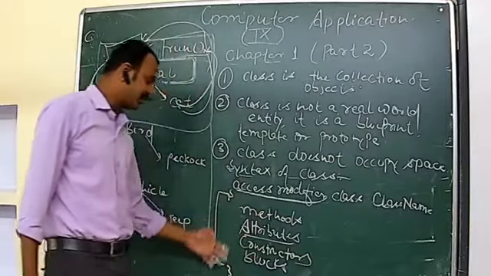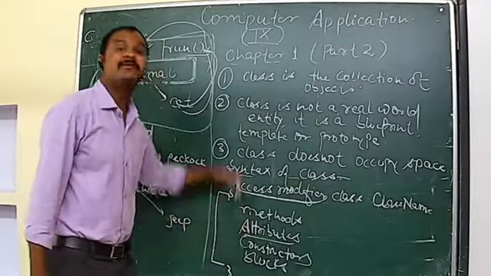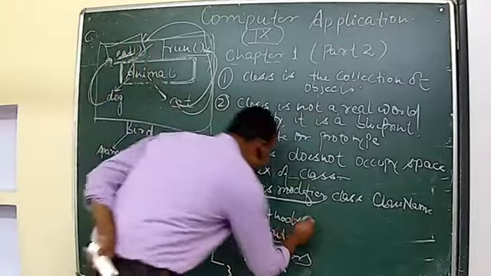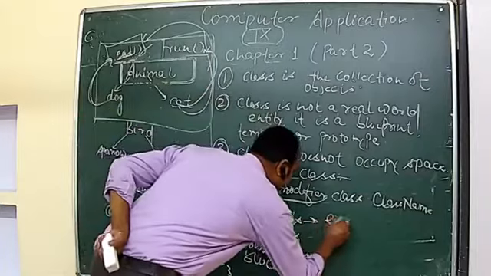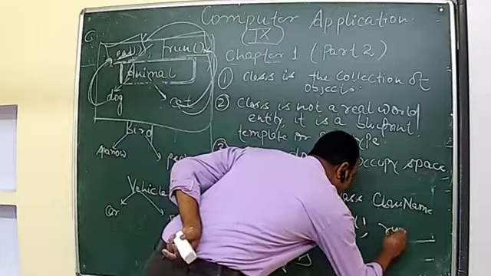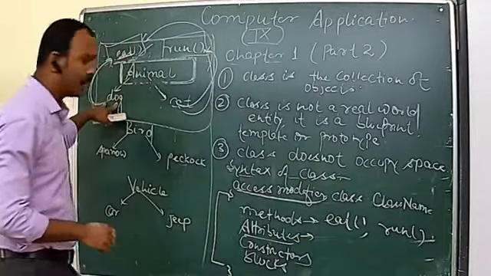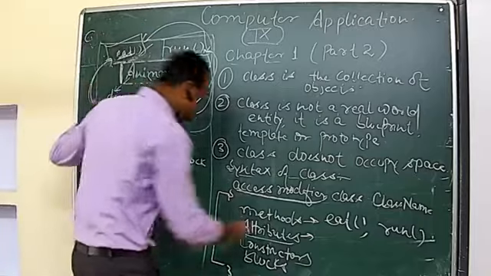So this class can have methods, which are behaviors. What are the methods here? Like eat method and run method. If I talk about attributes, what would be the attributes of a dog here? Attributes or state would be there.